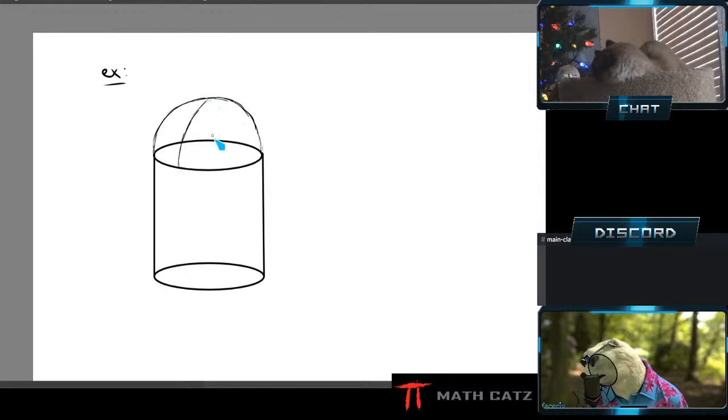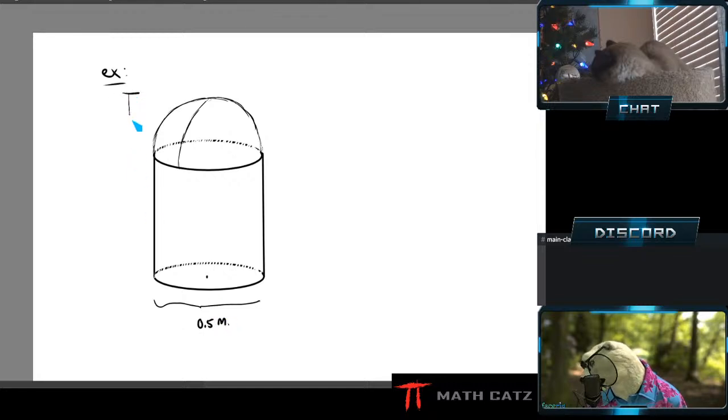I'll add an effect that indicates it's three-dimensional, and that's of course the back side that we don't technically see, so I'll erase some of it. Right, there we go.